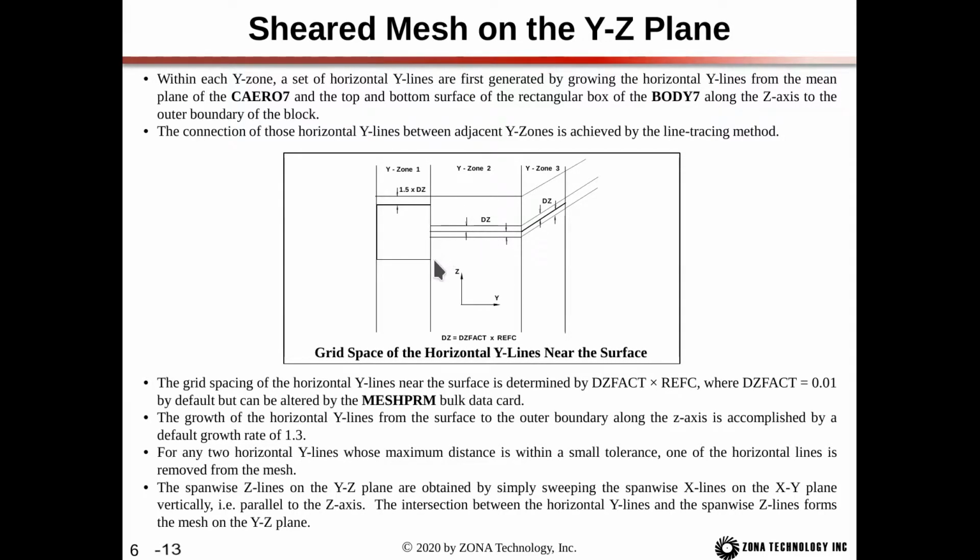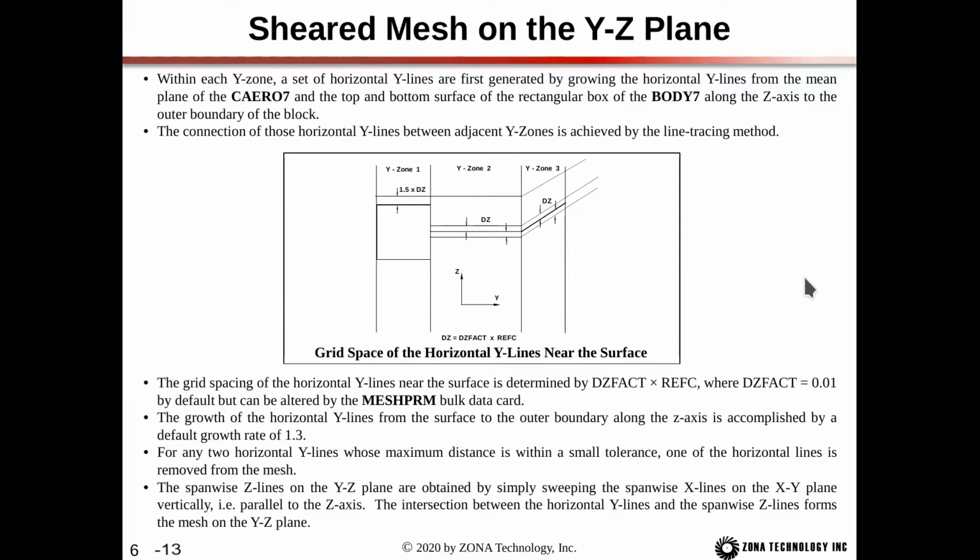And the gap Z only needs to go from the boundary of the body box up to the upper boundary of the body box. Now, the grid spacing of the horizontal Y lines near the surface is determined by DZ fact times ref C, where the default DZ fact is 0.01, and ref C is your reference chord specified in the arrow Z bulk data card.